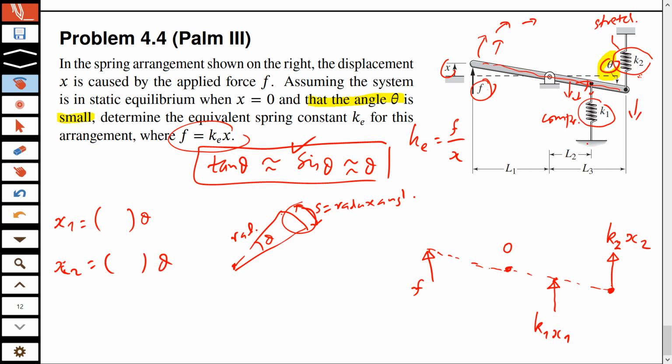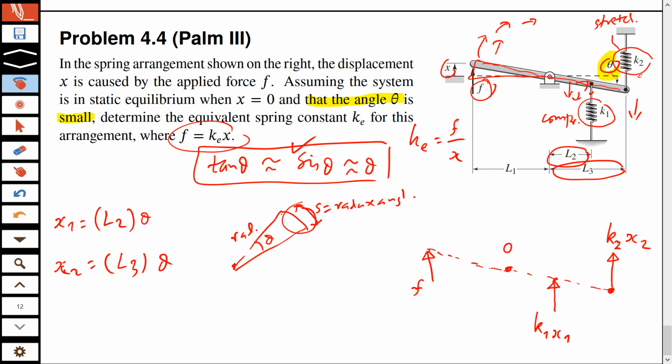Because theta is small, in this case the radius is L2, and in the case of K2 the radius is L3, because the pivot is here. So the deflection of spring 1 is L2 theta, the deflection of spring 2 is L3 theta. Now the question is, how do we relate this to x?